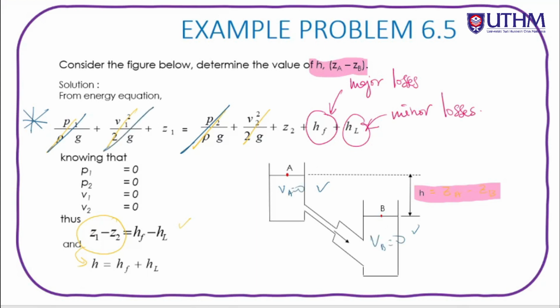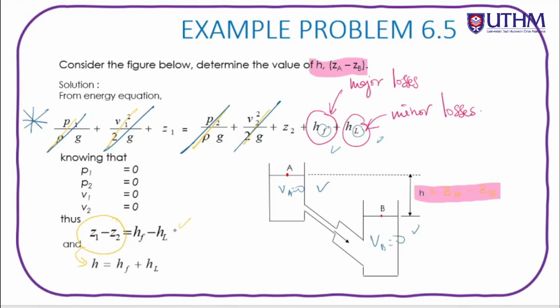So V1 equals 0, V2 equals 0. Then we add the losses, split into two: due to major losses, HF, which is the friction, and also the minor losses. We add both.